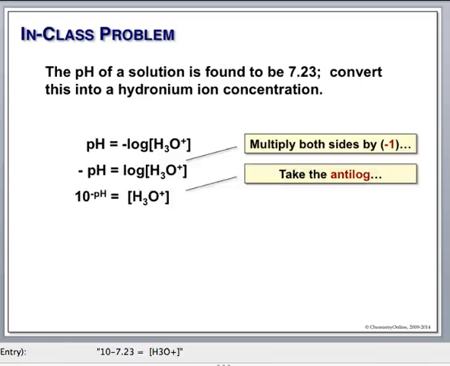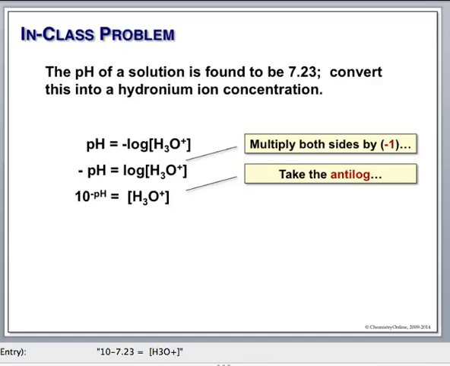Now, remember, we said that the logarithm is simply the exponent for the base 10. So if I said I had 10 to the minus pH, then the logarithm of that would be minus pH, wouldn't it?